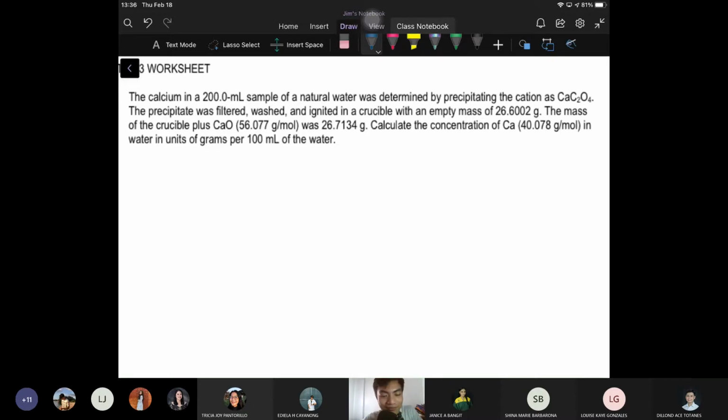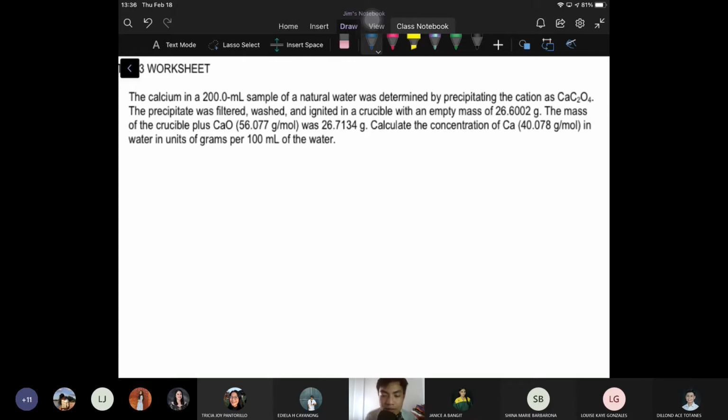Anyway, so ang meron sa atin dito is that tagalogin natin yung nangyari sa problem. So we have calcium sa tubig, no? So yung calcium sa tubig that is dissolved as ions, so calcium ion. In order for you to collect the calcium ions in your water sample, you have to precipitate it, para maging solid siya, then pwede mo na siya ma-filter.